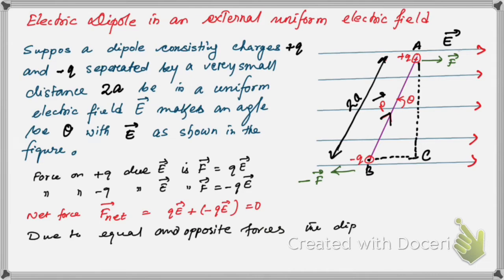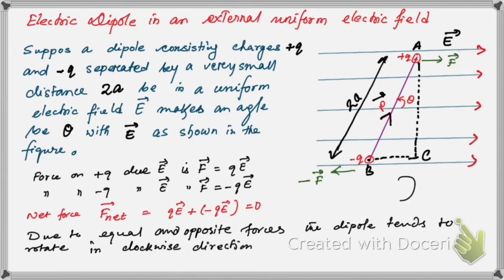So the net force on the dipole is 0, and due to equal and opposite forces at the two ends of the dipole, it tends to rotate in a clockwise direction, so the direction of rotation will be clockwise, this way. Now what will be the torque acting on the dipole? Let me draw the diagram again.